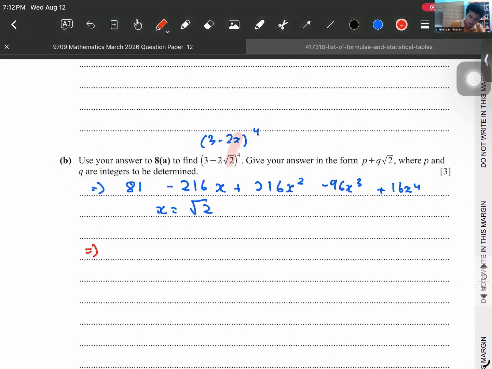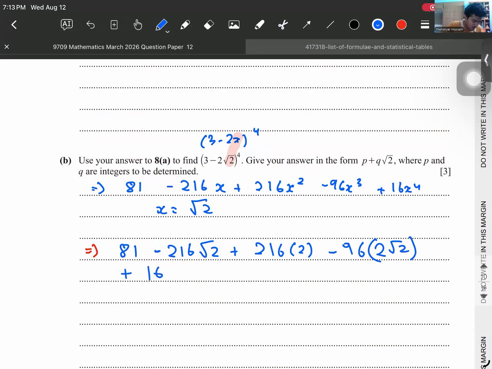So this turns out to being 81 minus 216 under root 2 plus 216 into 2 minus 96 into, okay, so I guess this would be, under root 2 cubed will give us 2 root 2, right? And then we have over here plus 16.